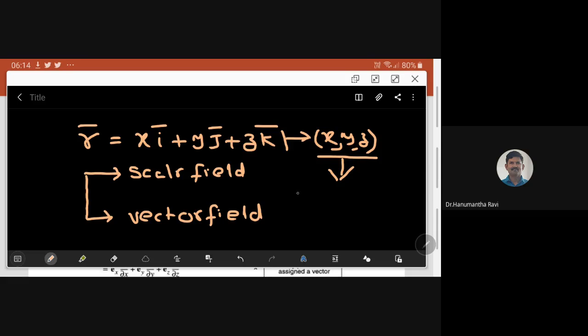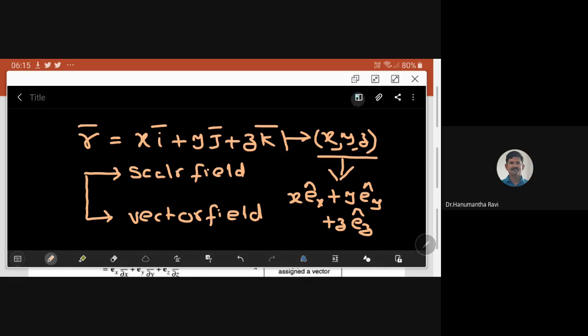People may also write x into e x cap, where i bar, j bar, k bar are the unit vectors along the x axis, y axis, and z axis in three-dimensional Euclidean space. In place of i bar, j bar, and k bar, those unit vectors can also be represented by e x cap, e y cap, and e z cap.